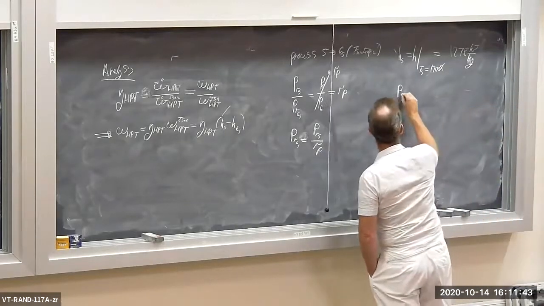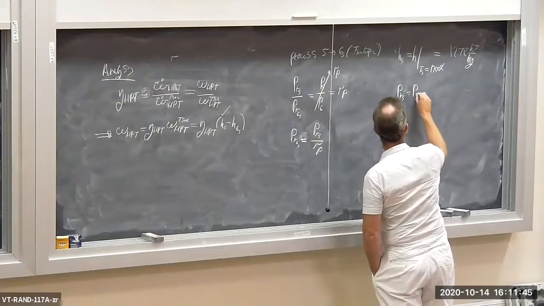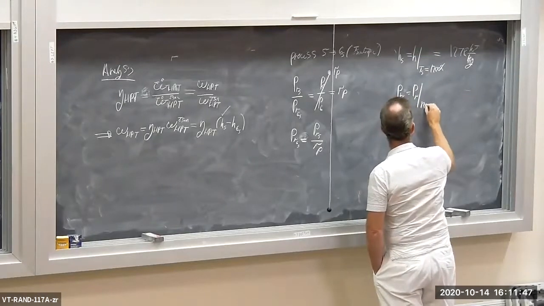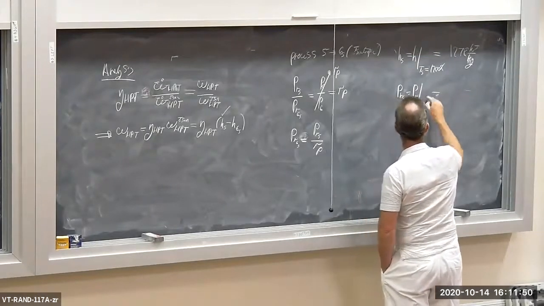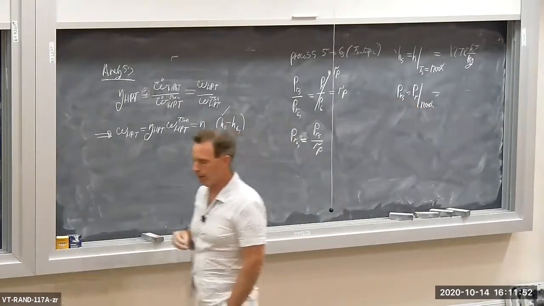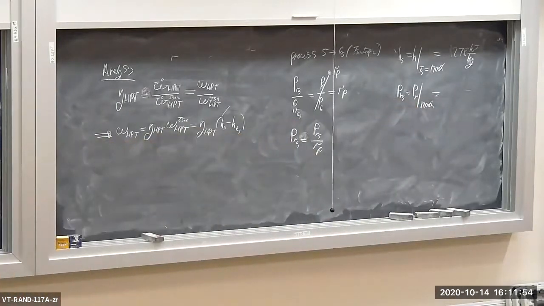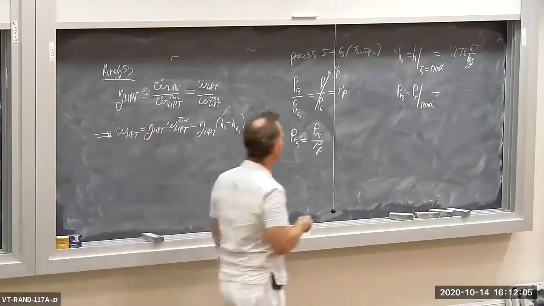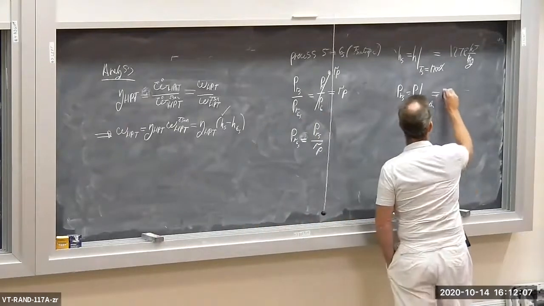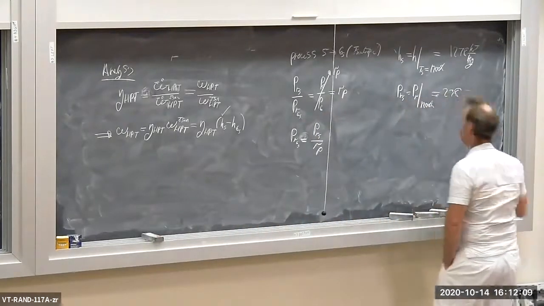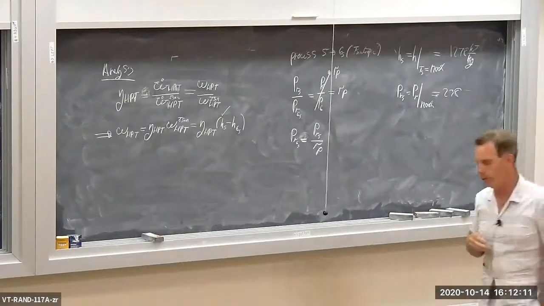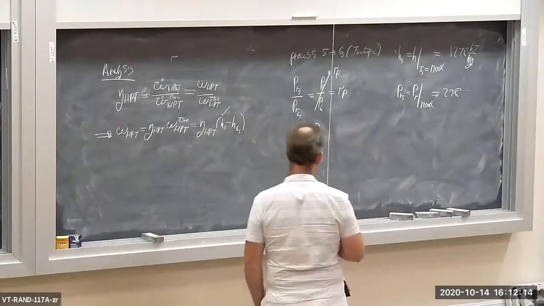PR5 is PR evaluated at 1200 degrees Kelvin, which is T5. And I get a PR5 of 238. That's pretty high. 238. That is PR at 1200 degrees. Okay?